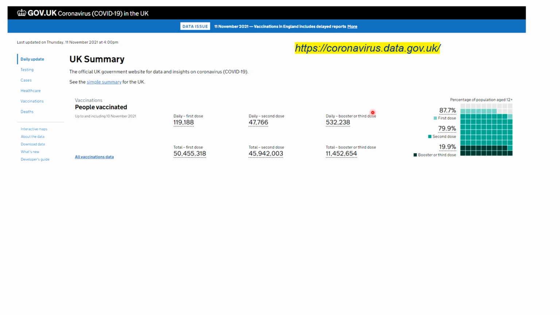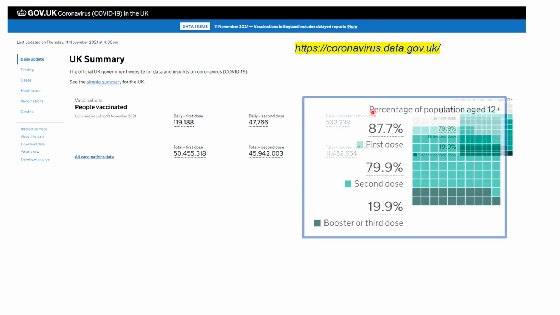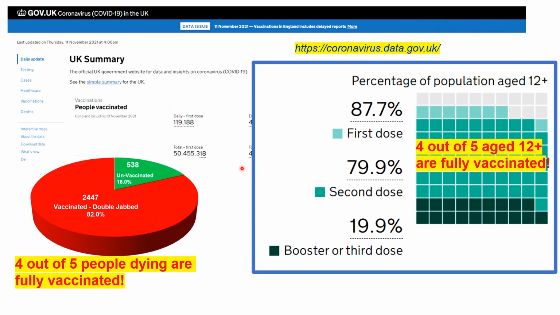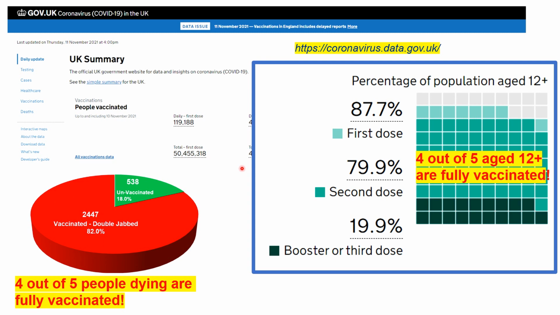We've got the link, and we've got the fact that 80% of people over 12 are double jabbed. So isn't that strange that we've got basically 4 out of 5 aged 12 plus fully vaccinated, and we've got 4 out of 5 people dying are fully vaccinated.